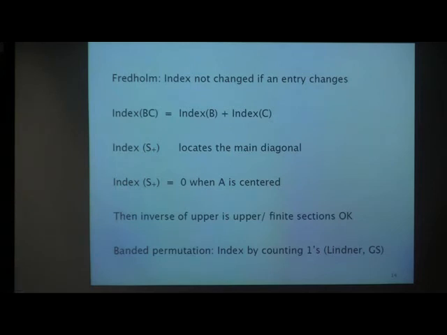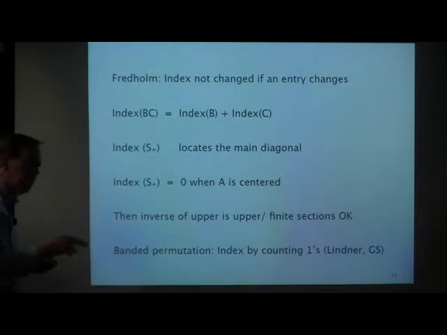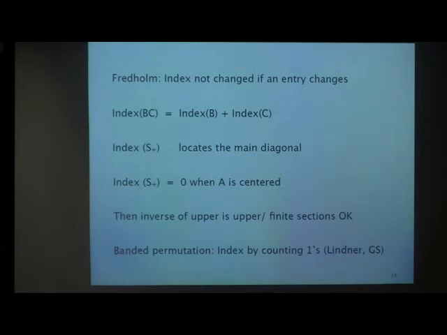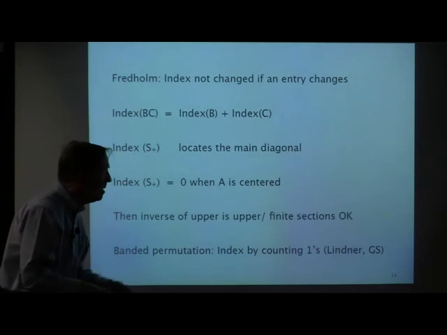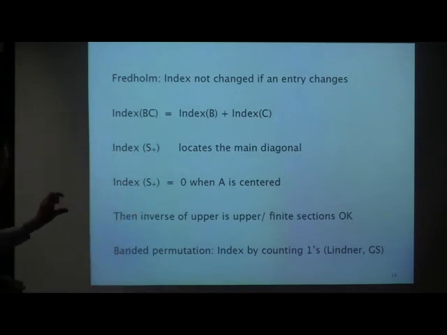So this is a neat little group of matrices: banded permutation matrices, doubly infinite, banded. If you multiply them, they're still banded. If you invert them, still good. So it's a little group of matrices.